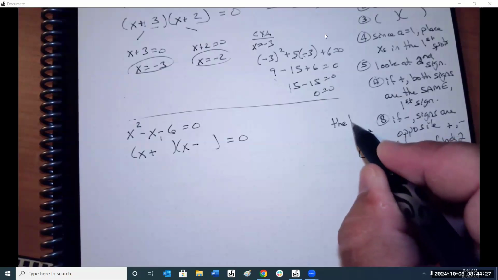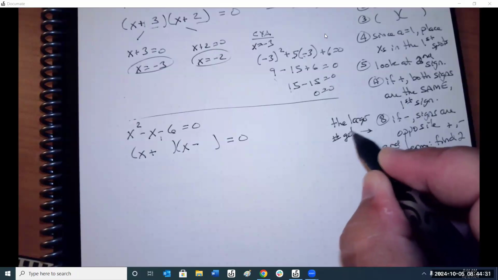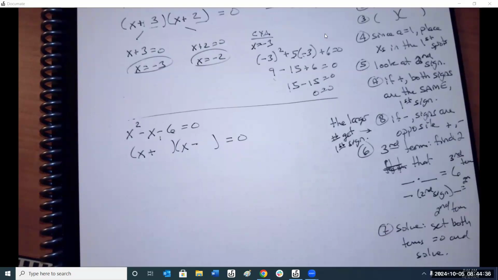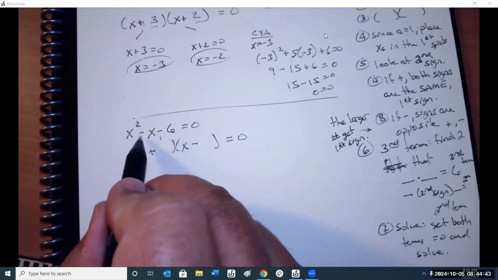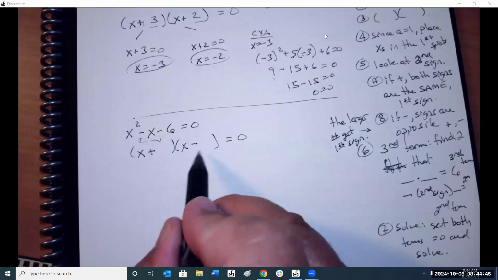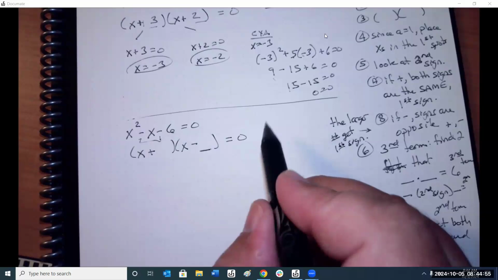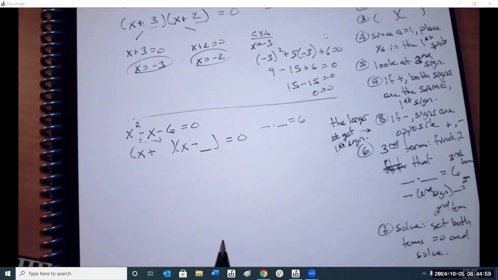Here, in your solutions, the larger number gets the first sign. So we know the signs are opposite, plus or minus. Since this is a minus, the bigger number will go there. All right, so now we have to find what two numbers multiply to give you 6.